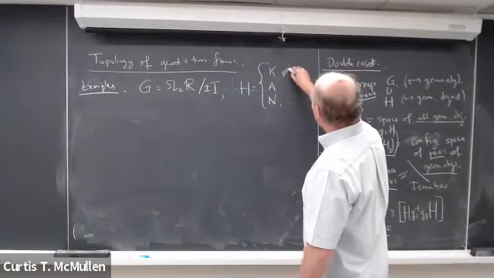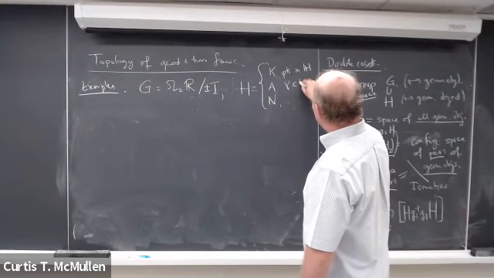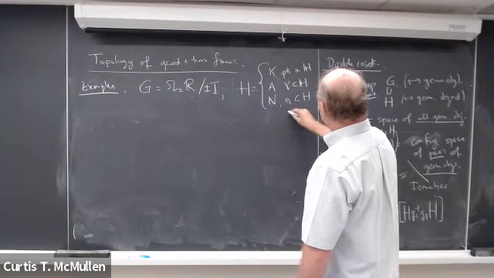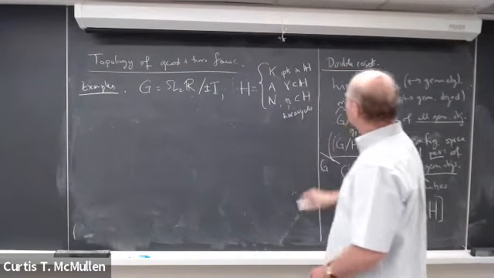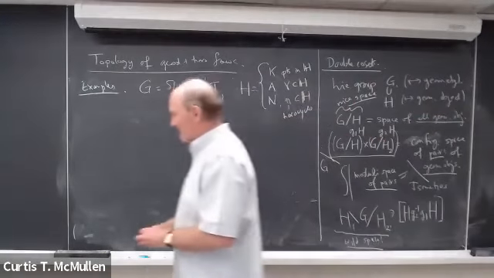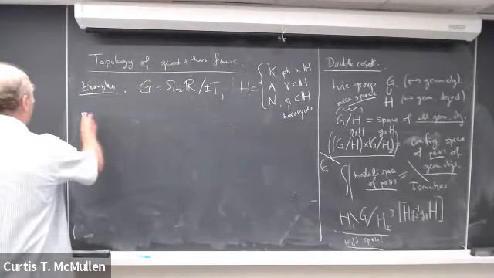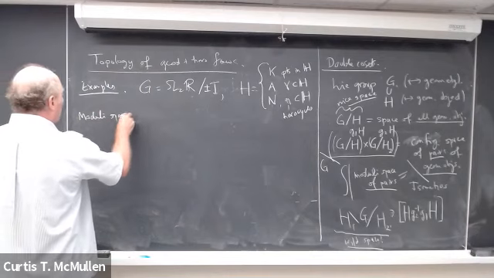Geometrically, K corresponds to points in the upper half plane, A corresponds to geodesics in the upper half plane, and N corresponds to horocycles in the upper half plane. These groups being the stabilizers, respectively, of those kinds of objects. Okay, so what is the moduli space of pairs of points?